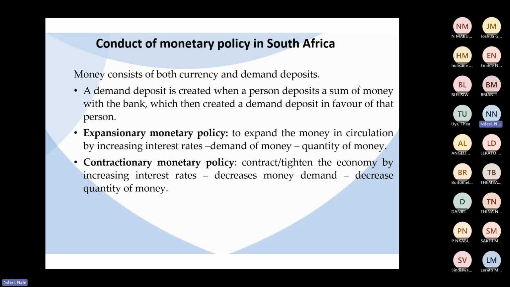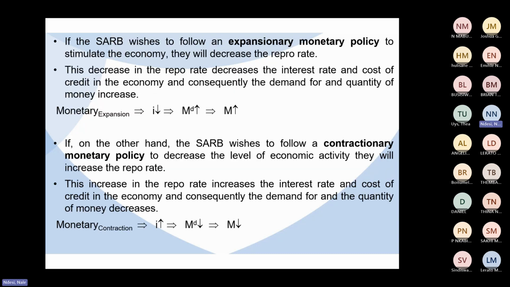This decrease in the repo rate decreases the interest rates and the cost of credit in the economy, and consequently the demand and quantity for money will increase. This explanation can also be represented by a chain of events.